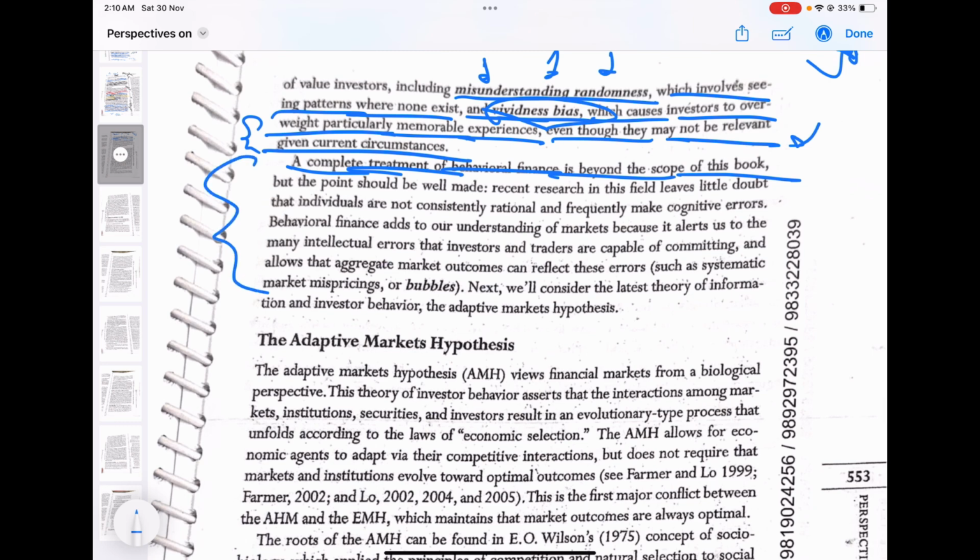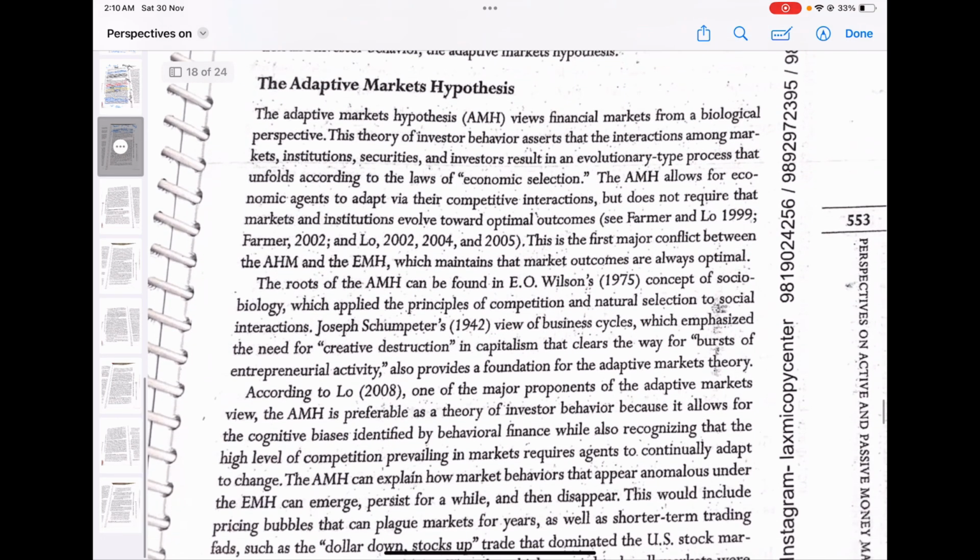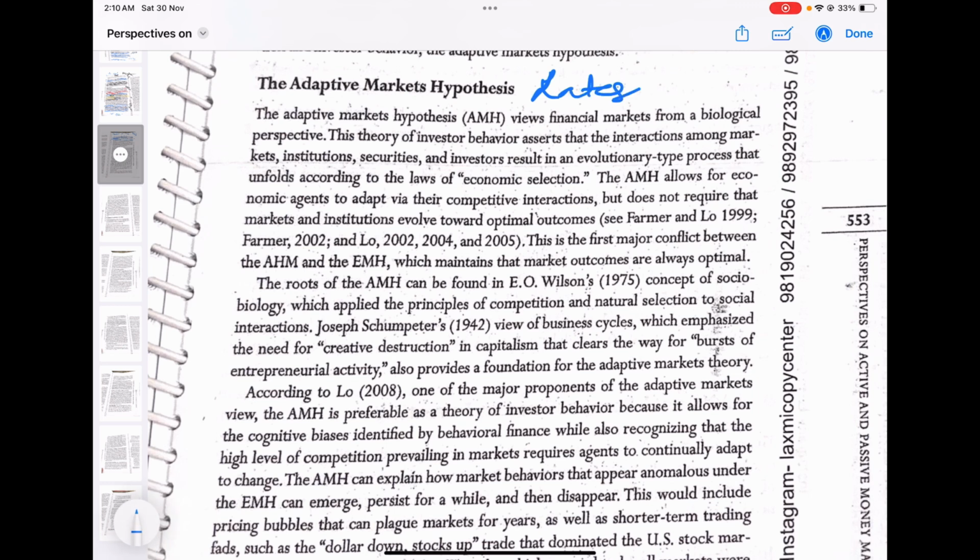Okay, now let's see more. We talked about EMH, we also talked about behavioral finance. Now let's see the new thing, which is the latest form until now. It's called the AMH, which is the adaptive market hypothesis. The adaptive market hypothesis views financial markets from a biological perspective.